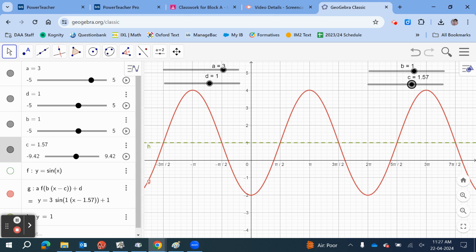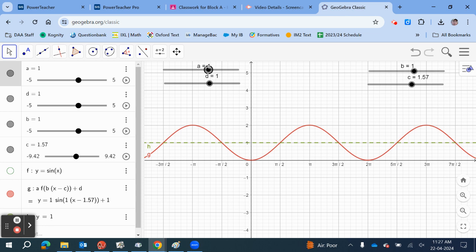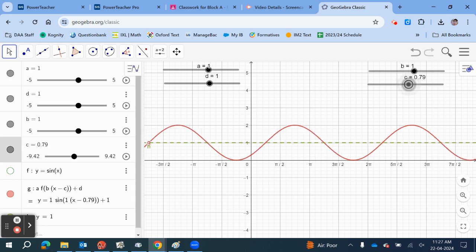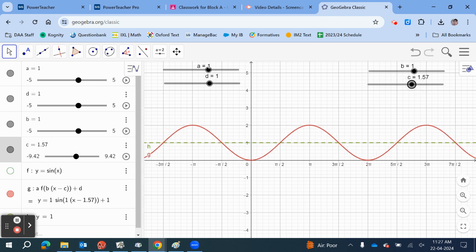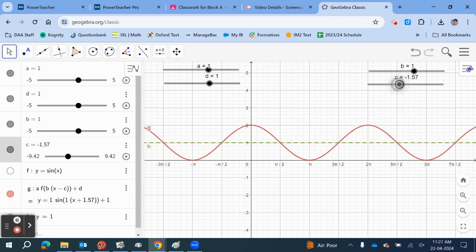A is 3. All right, it's because I've got x minus c. So when I make c pi over 2, it's going to move to this particular point. If I make it minus pi over 2, it goes to where we're expecting it, because then I've got x plus pi over 2 in there.